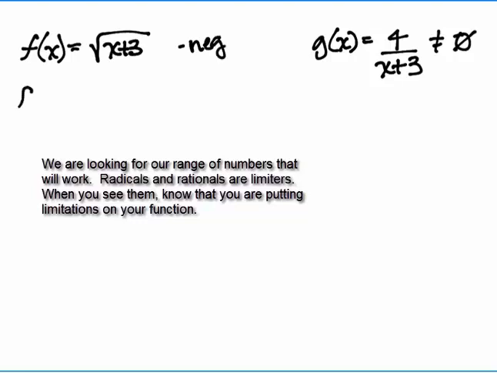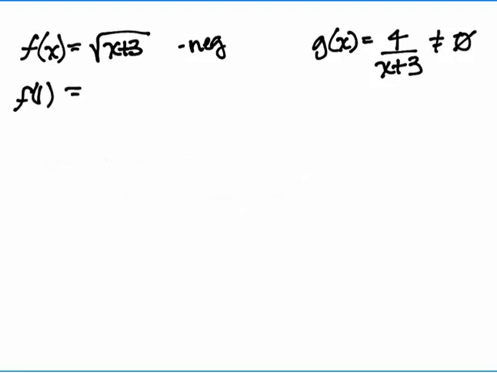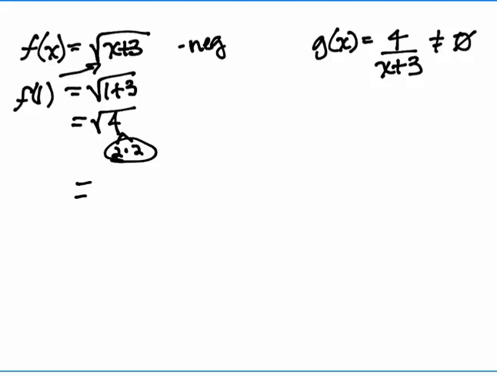So let's go slow. F of 1, and I'm just simply going to plug it in. So my square root would be 1 plus 3. Do your math inside, the square root of 4, and remember your square root is just asking what are my doubles. I have a double of 2, so my function f of 1 is equal to 2.